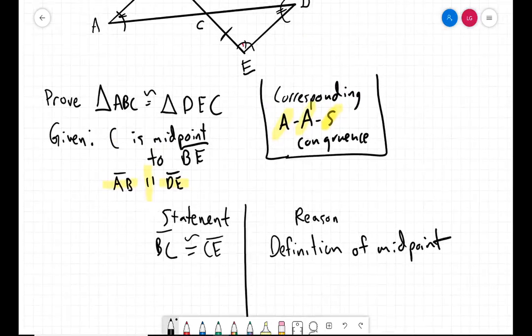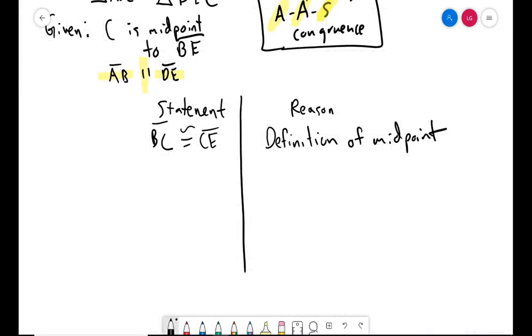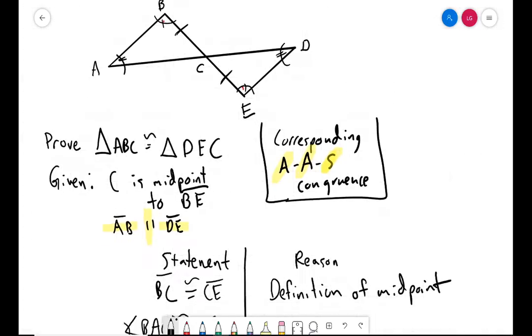And you can also notice that when we established these two pairs of angles being congruent, we use the same reason actually. So let's take a look here. Angle BAC is congruent to angle CDE. So BAC congruent to CDE, you can see them.